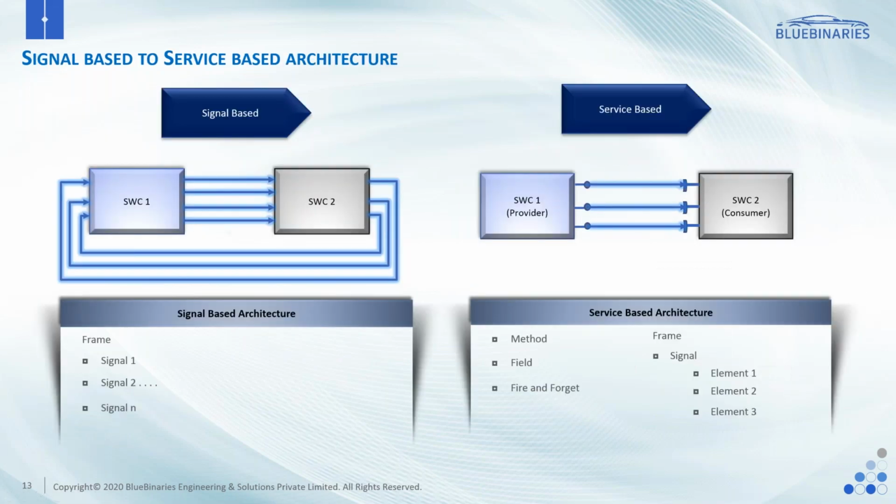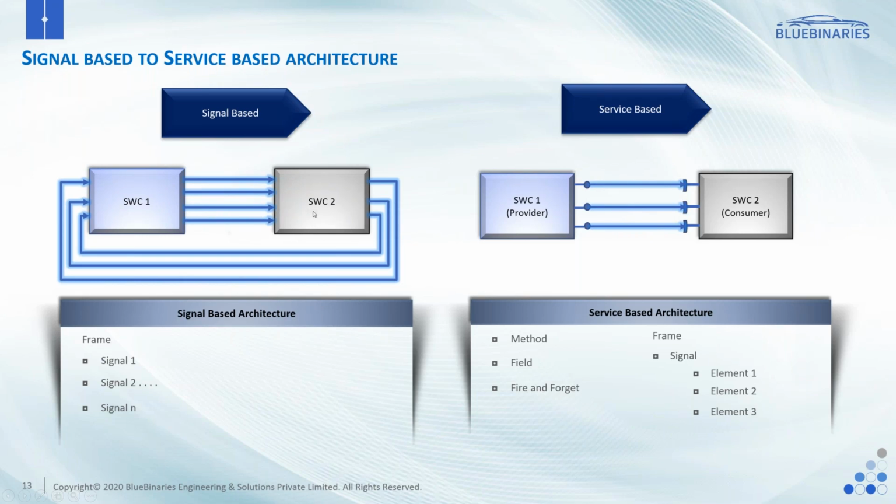Okay, if you see here, this is the traditional way of defining the communications, where you have a signal for each piece of information that you share among the ECUs. So you will have n number of signals to be shared and combined for a specific functionality.